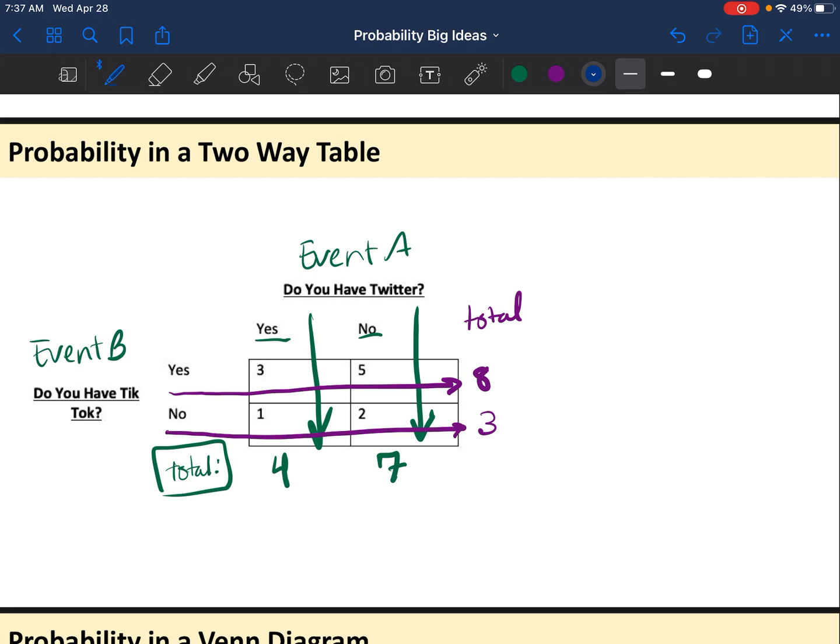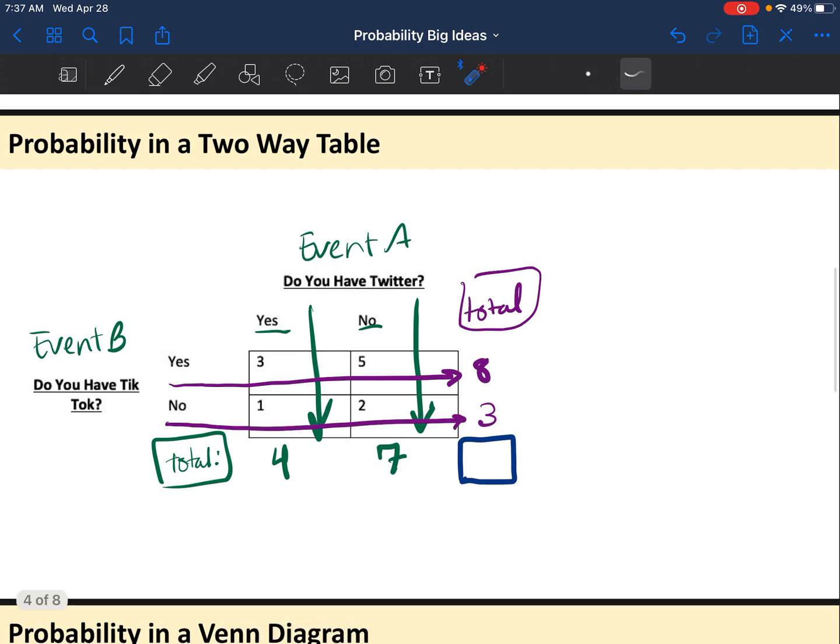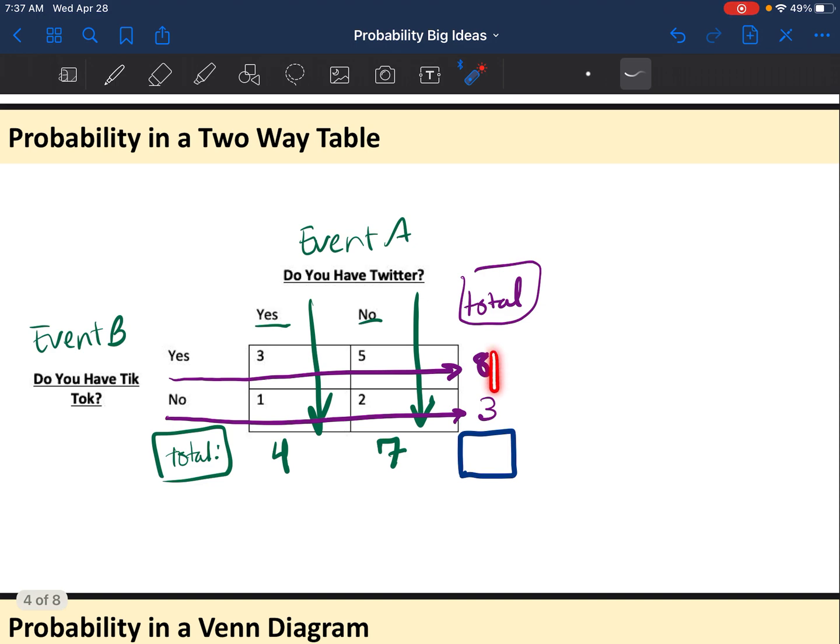And now I want to think, okay, so this is the total of TikTok. This is the total of Twitter. I want to know what is the total of everyone altogether. So there's 2 ways I can do this. I can add this way, or I can add everything inside.